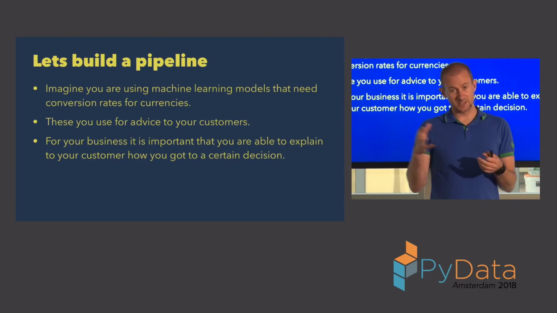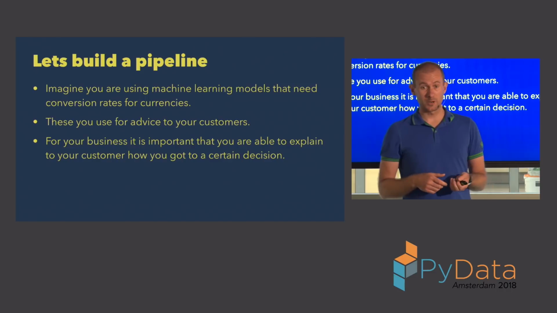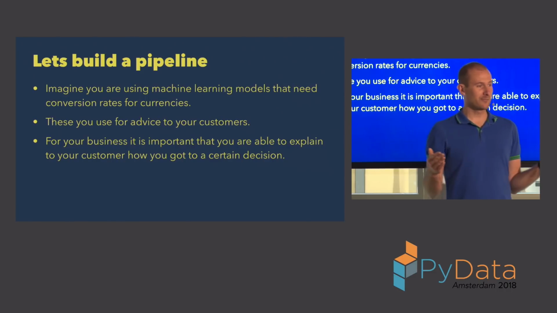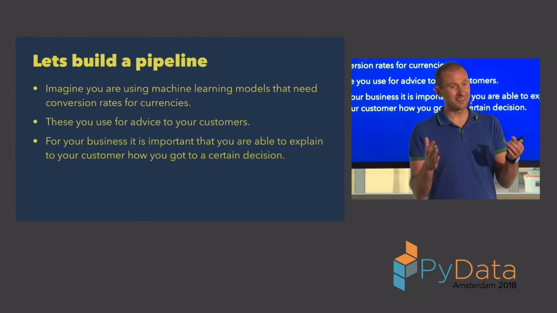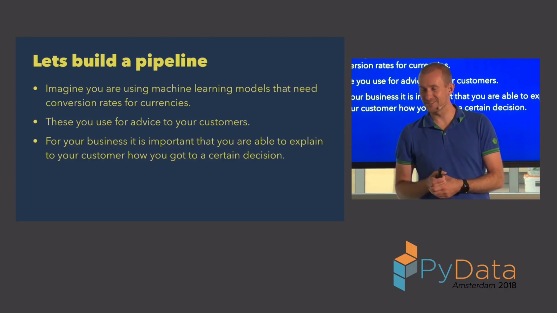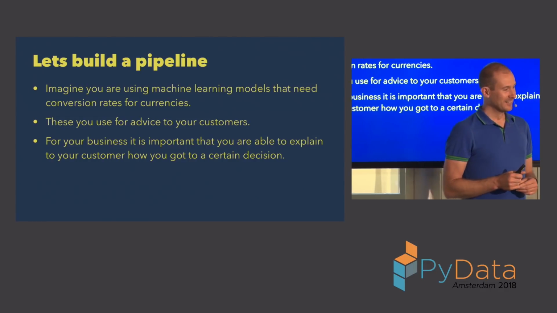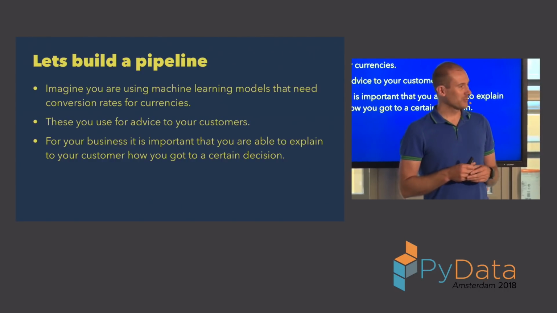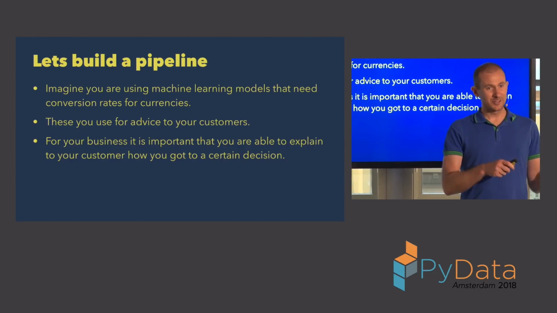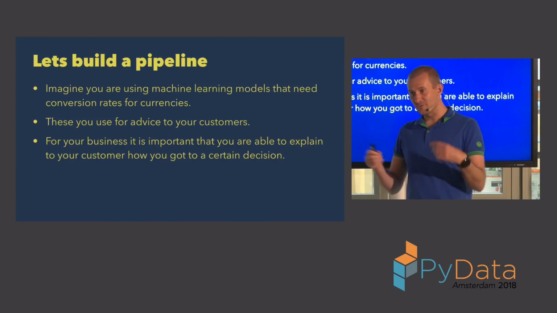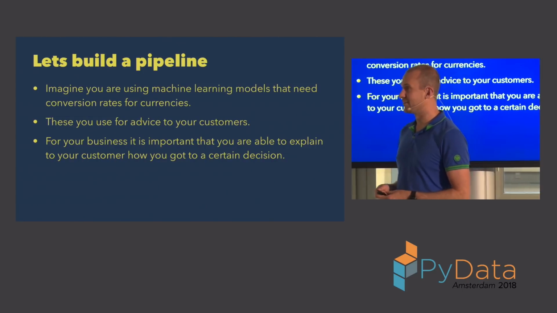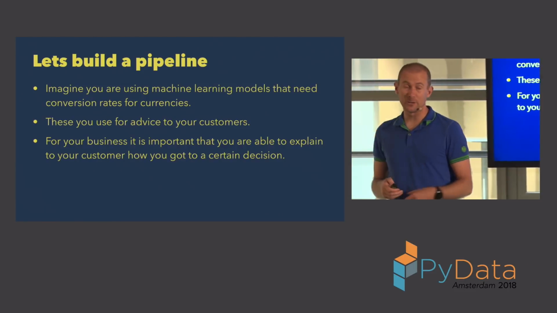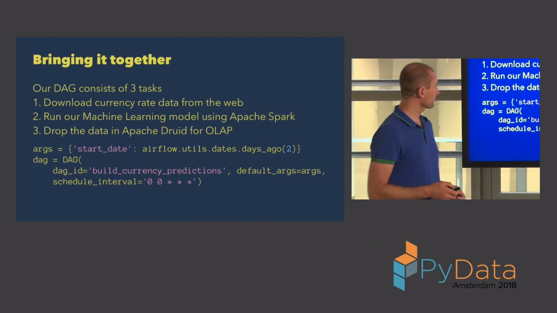And you then use these outcomes for giving advice to your customers. You should never give investment advice, but in this case, for the sake of the example, we'll do it here. And for your business, it is important that you're able to explain to your customers how you got to a certain decision. So versioning is important, and also going back into history.